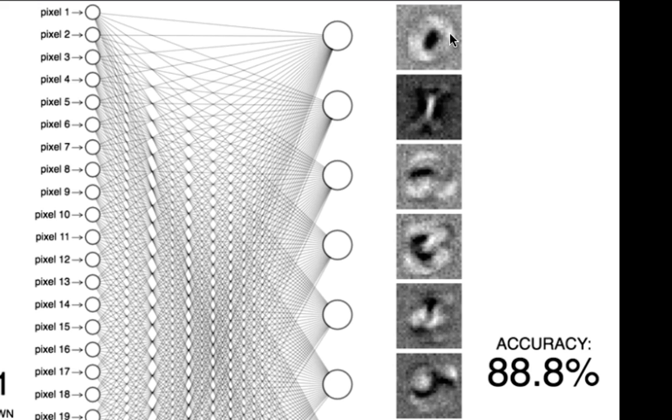I sometimes think of this as a stamp. You take the digit and stamp it on the weights, and wherever the ink in the digit overlaps with the ink in the stamp, you get more ink. When they don't overlap, you get less ink. I don't know if that's a very good analogy, but it kind of works for me.